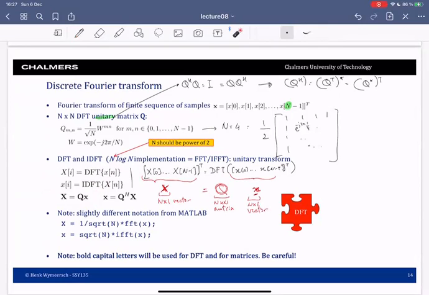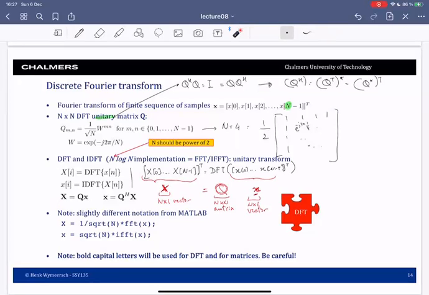So the use of bold capital letters will sometimes be used for matrices and sometimes for the Fourier transform of vectors. You should be really careful in this lecture that you keep them apart.